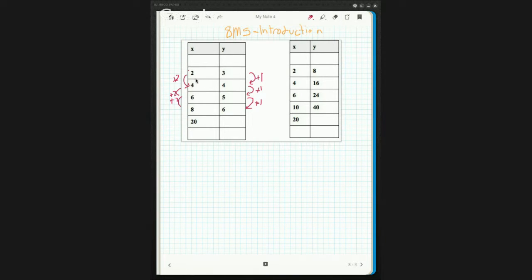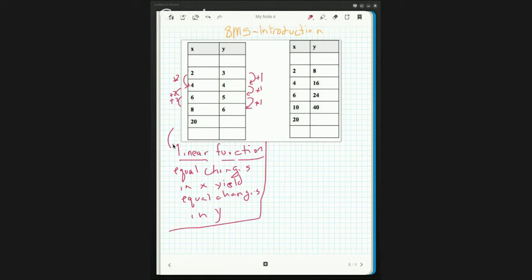So you can see that in this chart, by definition, this must be a linear function, because equal changes in x yield equal changes in y. So we know that this is indeed a linear function.